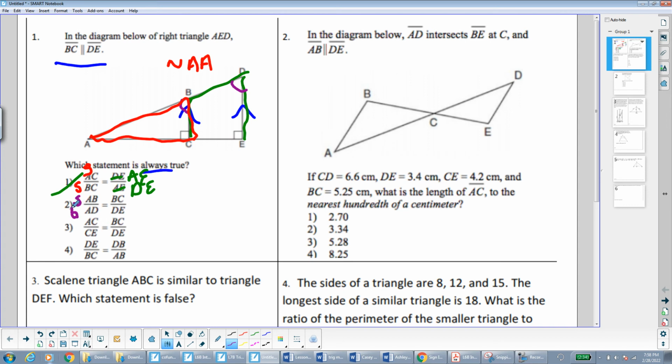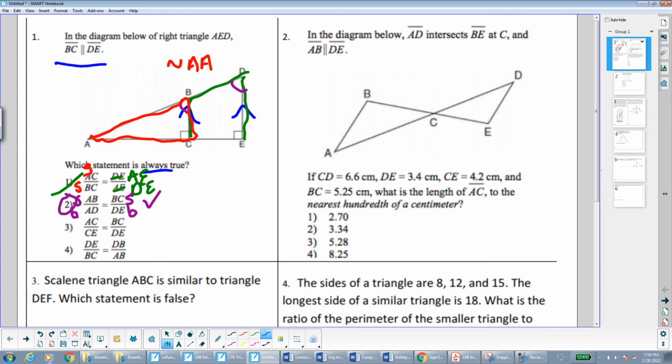In order for this proportion to check out and be accurate, we should have another side from small triangle as the numerator, the corresponding side to it from big triangle as the denominator. So BC, we do have a side from small triangle, so that's good so far. Now let's see if the denominator is the corresponding side from big triangle. So BC, the corresponding side in the big triangle is DE. So that is the corresponding side from big triangle. That checks out. That's the correct answer.